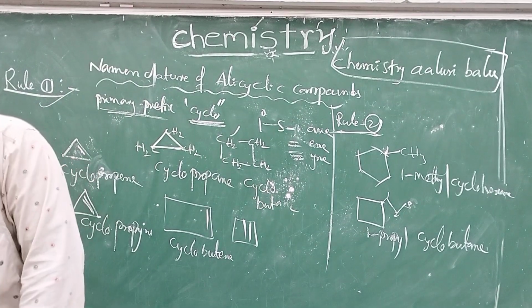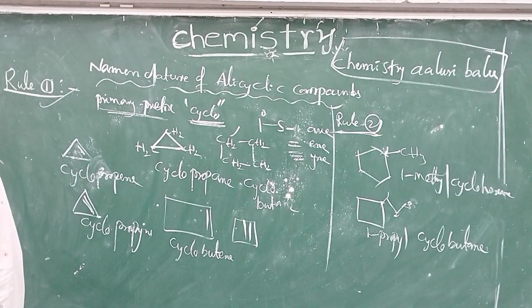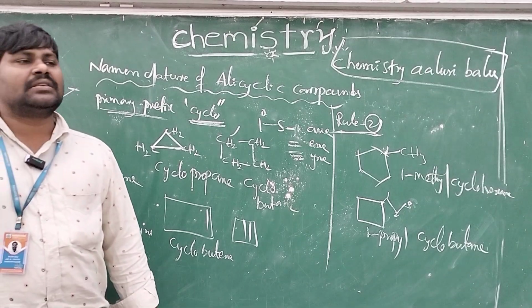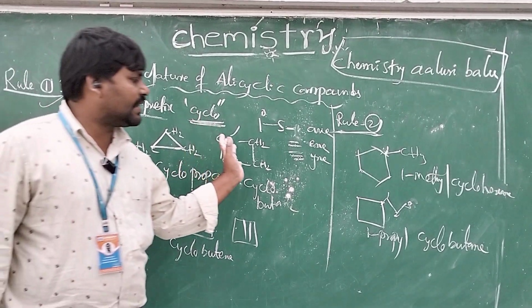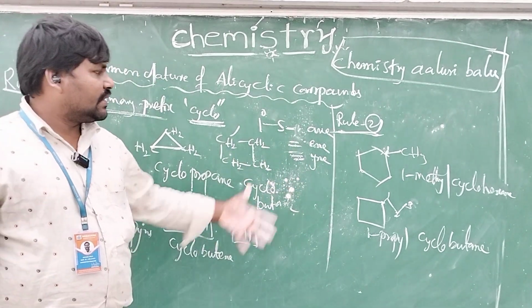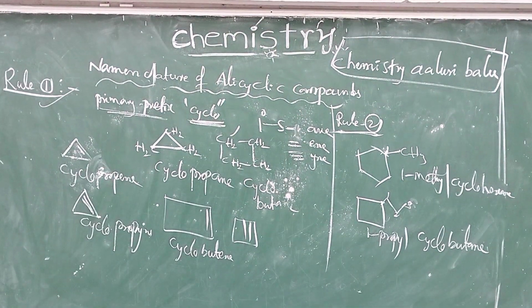If only one substituent is added to the ring, its position is mentioned. If two or more substituents are present, their positions are indicated by Arabic numerals 1, 2, 3 and so on, in either clockwise or anti-clockwise direction. So this is rule number two. In the next video we will discuss the remaining rules. Thank you.